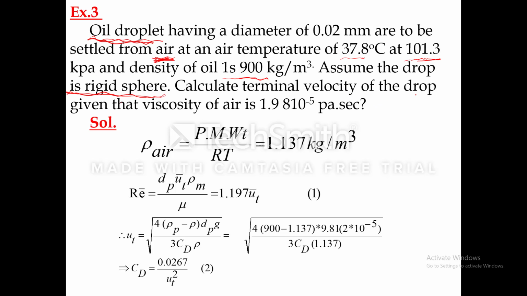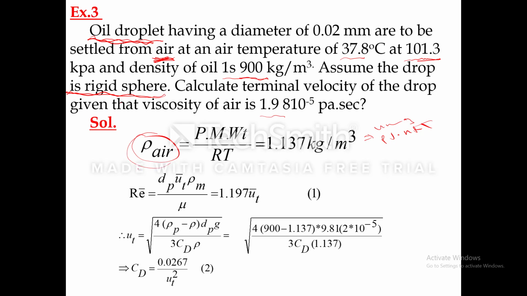Calculate the terminal velocity of the drop, given that the viscosity of the air is 1.98 multiplied by 10 to the minus 5 Pascal second. So firstly we have to compute rho of air, which will be P times molecular weight over RT, and this is from the universal gas relation, which is PV equals nRT.